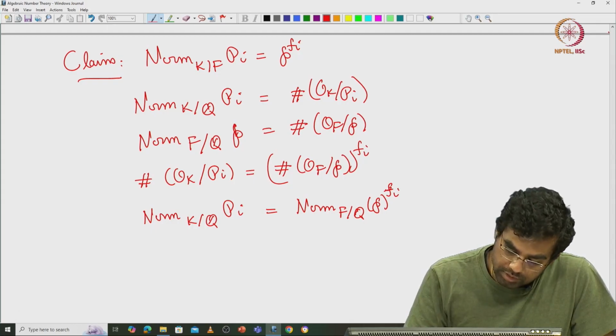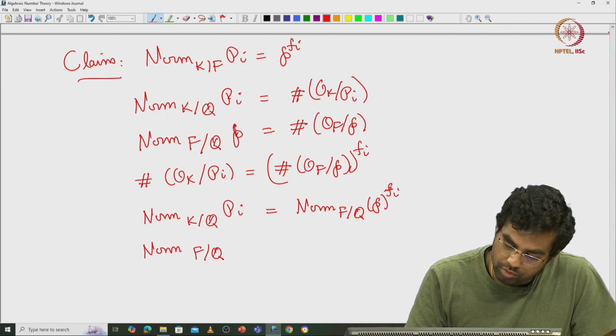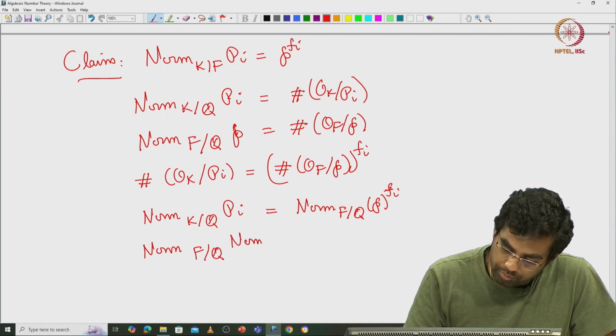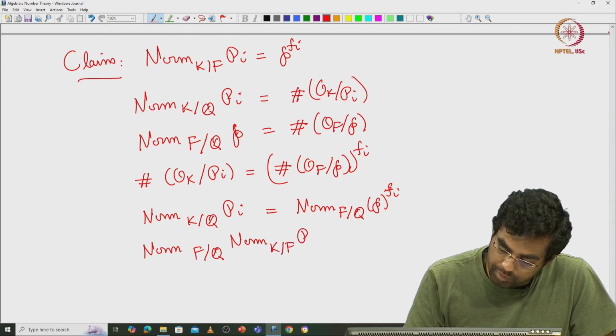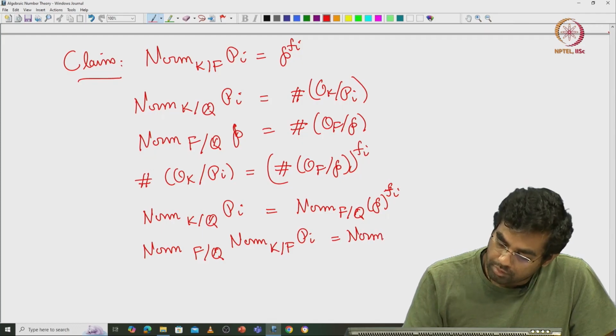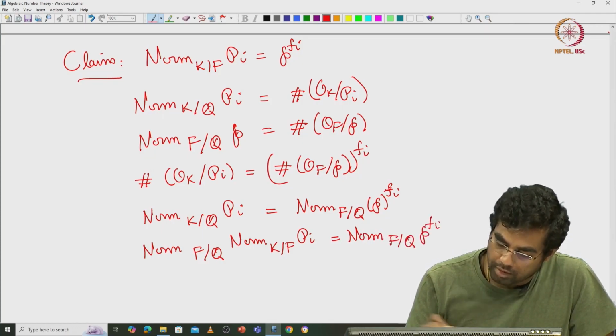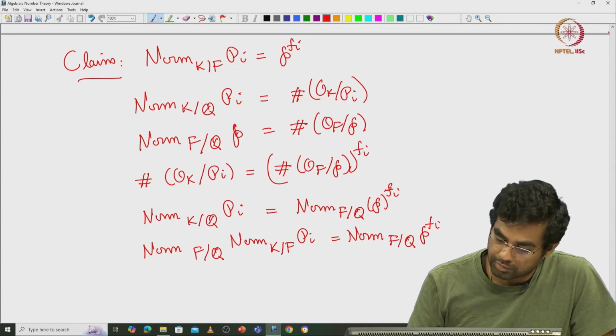And so, this is the norm from F to Q of the norm from K to F of pi, and this is equal to the norm from F to Q of p to the f_i.